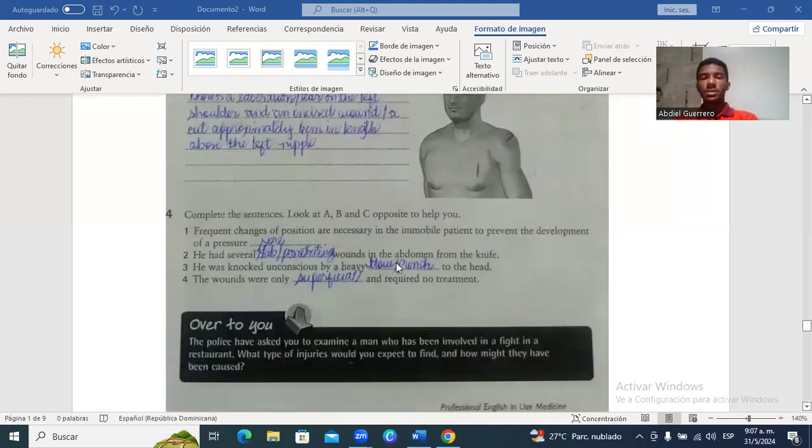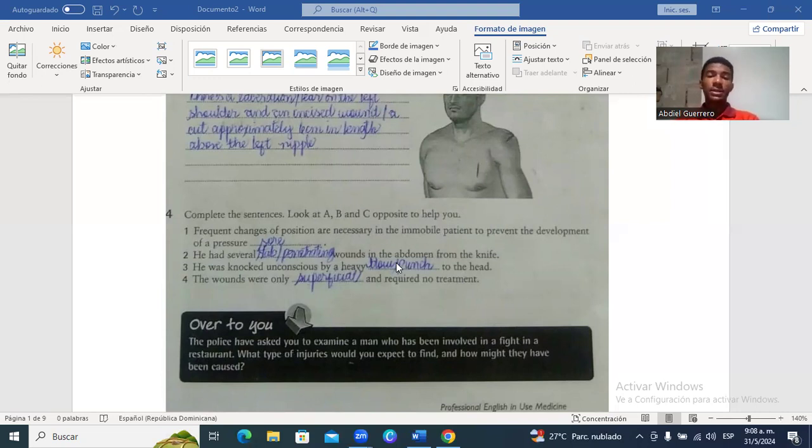Complete the sentence. Look at A, B, and C opposite to help you. Frequent changes of position are necessary in the immobile patient to prevent the development of pressure sores.